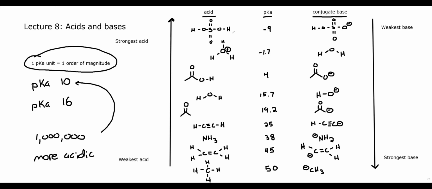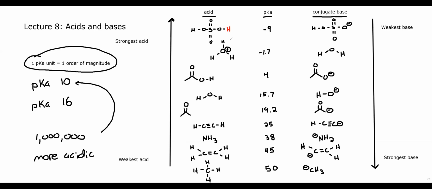So thinking about a very strong acid, very weak base like sulfuric acid, one way that I think about this is that with H2SO4, if we consider the hydrogen in red, now either of these two hydrogens could come off, but let's consider this one in red. If it's a very acidic molecule, H2SO4, that red hydrogen really wants to leave.